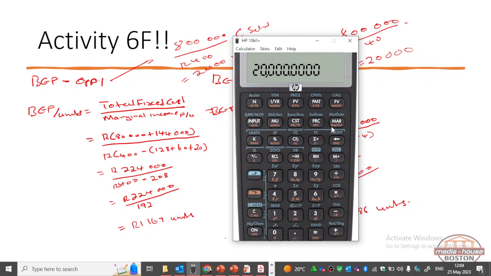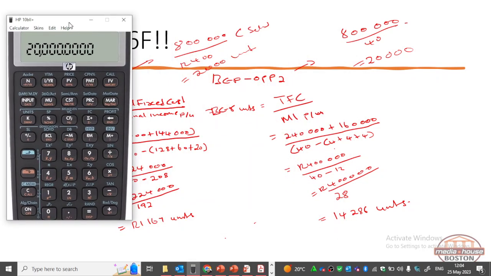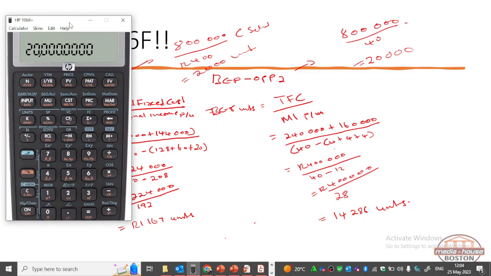So what we are going to do now, we are actually going to calculate the break-even point against the number of units that are going to be produced and sold. So for the first one, we're saying that if we sell 1,167 units, we're actually going to be at break-even point, and the total number of units we're going to sell is 2,000. So let's divide this by 2,000 and see how much percentage we are actually going to have covered before we make profit in terms of our total number of units to be sold.